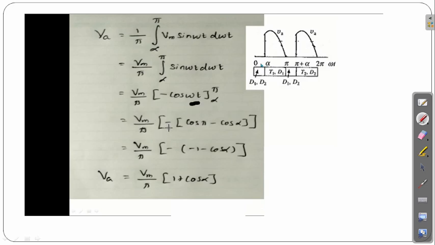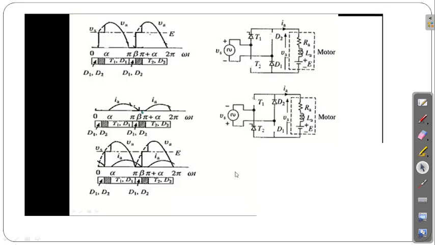So we have Vm by pi into minus cos pi minus of minus cos alpha. The value of cos pi is minus 1. So Va equals Vm by pi into, minus into minus gives plus, 1 plus cos alpha. So if we vary this alpha, we vary this voltage. That is the final equation of the half controlled rectifier for the alpha to pi interval.